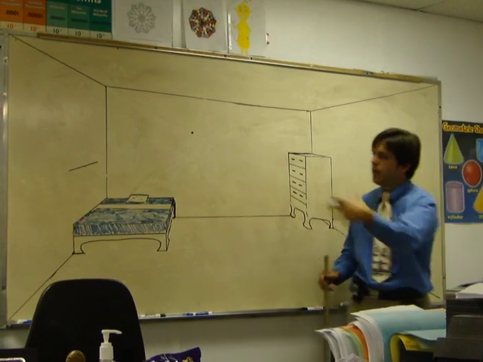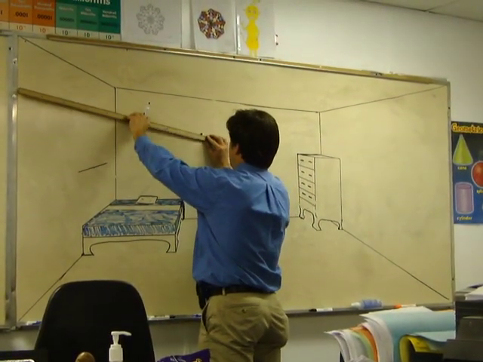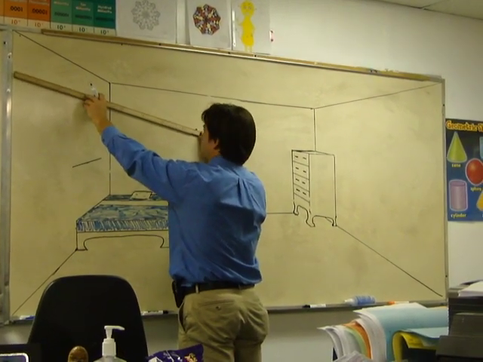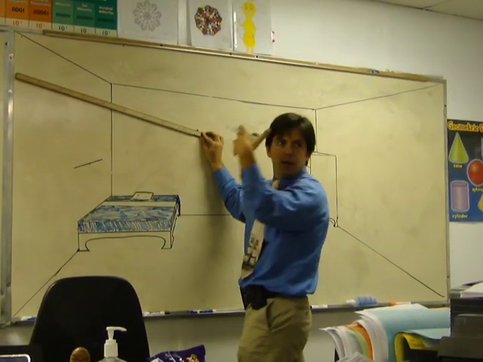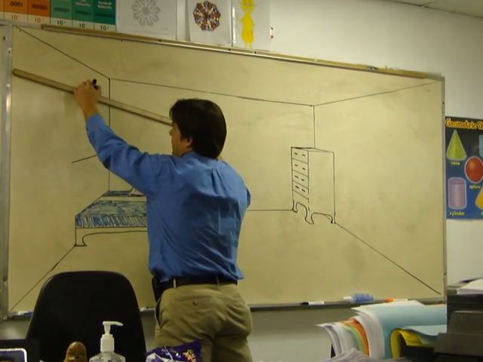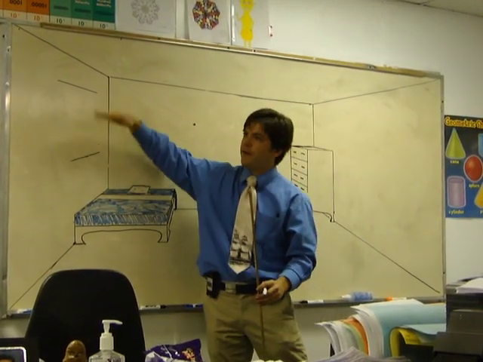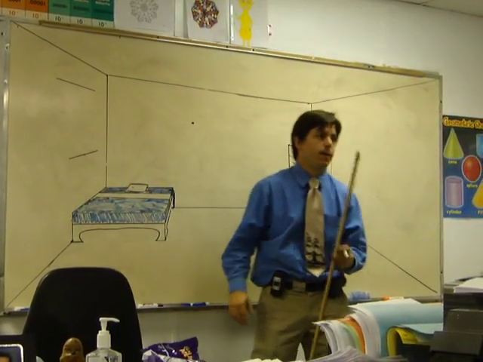Now if I want to do the top of the window, I can make another line above it. But to represent parallel lines, in this plane, everything has to be attached to the vanishing point. So I make my other line like that. And as you can tell, they're facing different directions, but they represent parallel lines.